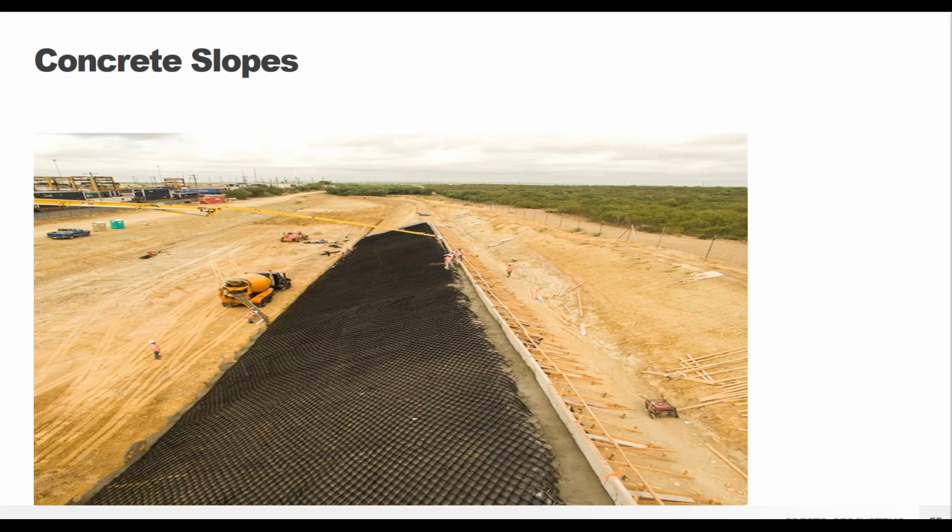So like I said, the side slopes used much thinner concrete than was initially required. And because they were relatively flat and they're pretty short slopes, they were able to use stake anchorage. And then the bottom of the channel where the concrete truck is in this photo actually also ended up being a vehicle access road.